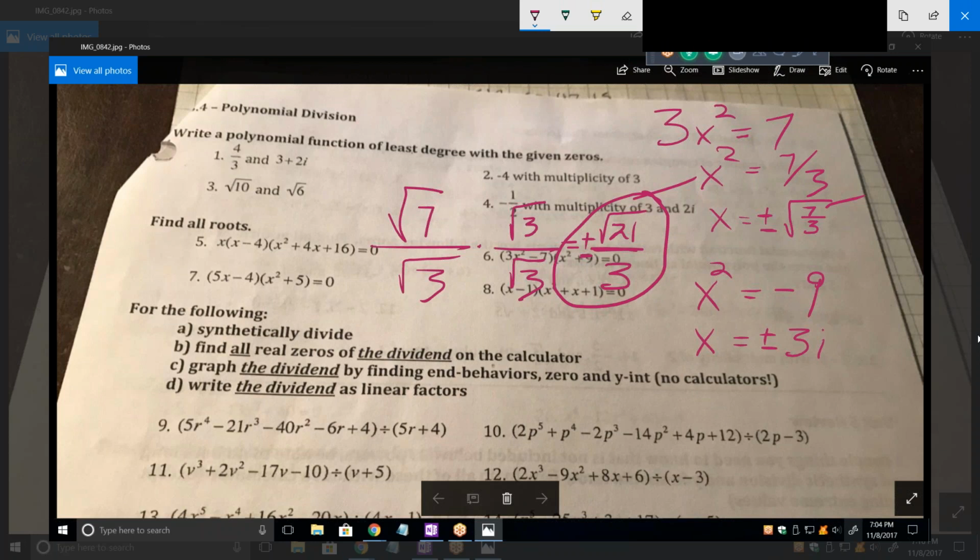Not sure why that's such an important convention in math to begin with. In other words, that number is identical to that number. It just has a real denominator instead of an irrational denominator. Or it has, I should say, a rational denominator instead of an irrational. All right.